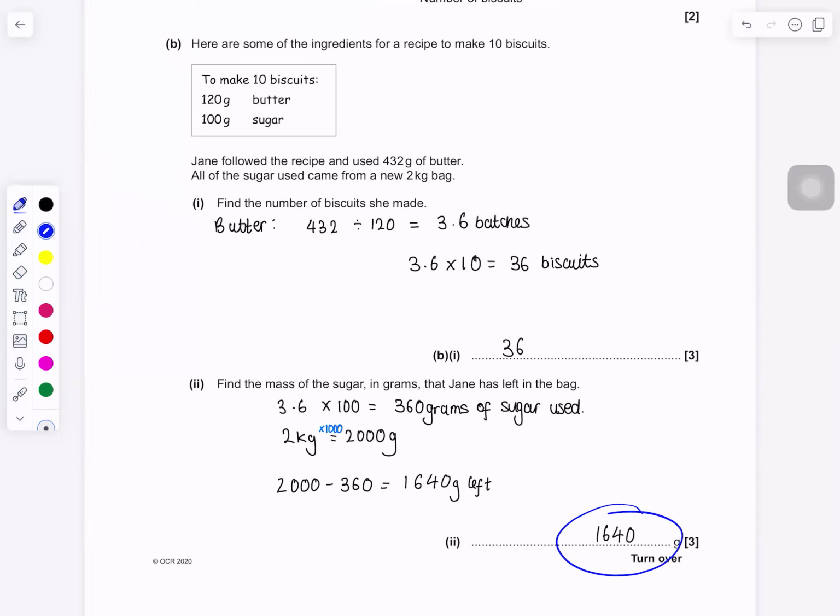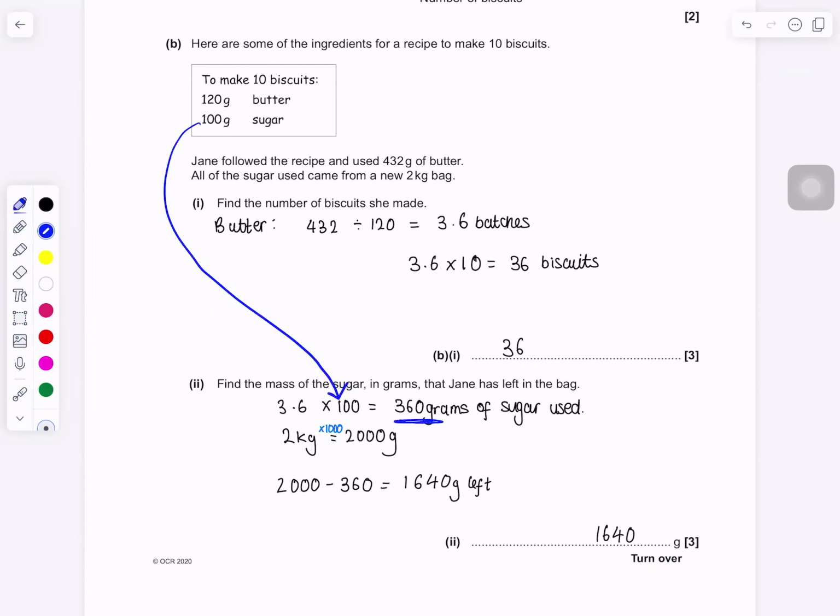Okay. It says find the mass of sugar in grams that Jane has left at the back. So how much? 3.6 times 100. Why 3.6 times by 100? Because you're trying to find out the sugar. Perfect.